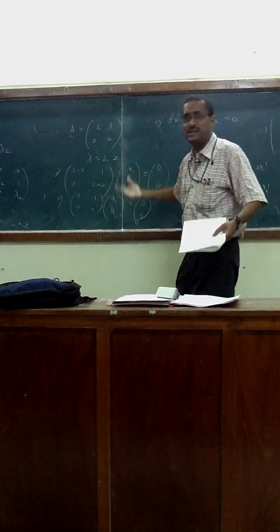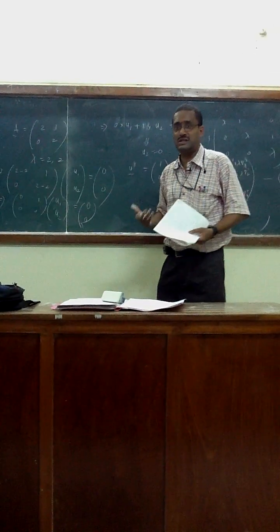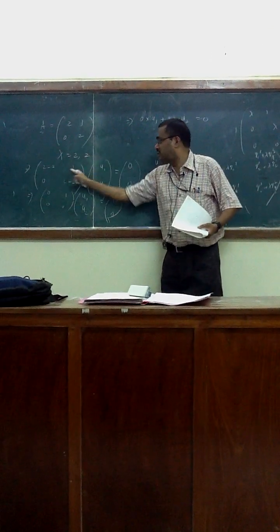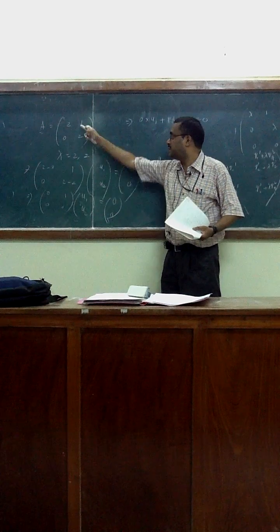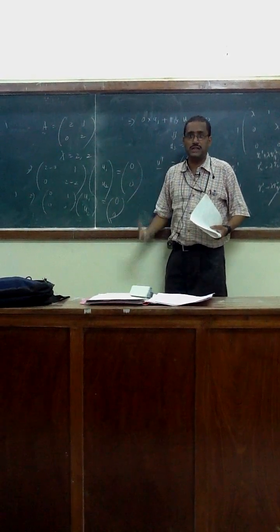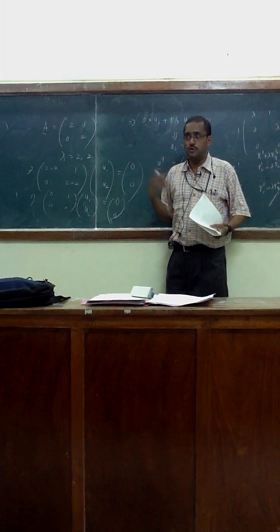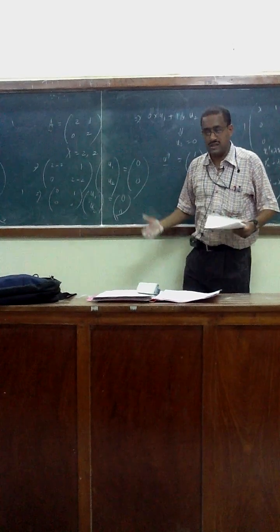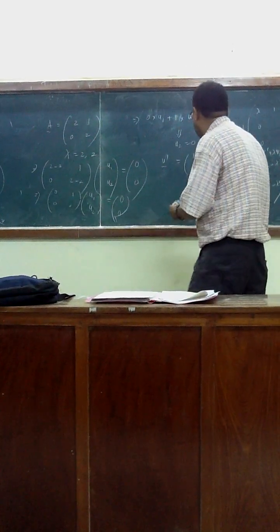See the mathematical beauty here. Once you put 0 here, there is no chance you have a generalized eigenvector. You must get 2 independent orthogonal eigenvectors, and that you are getting. That's the beauty of the stuff here.